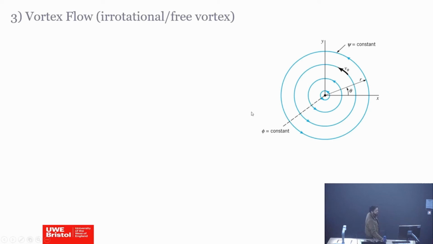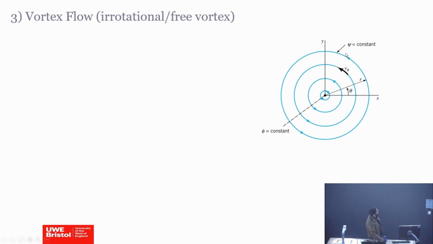So again, we have the flow picture here. Circular streamlines. The speed is only in the tangential direction. So v theta. There is no v r. v r is 0. And again, we are using the polar coordinates theta and r. So the blue circles are the streamlines, and therefore they are the same as the psi, a constant psi.